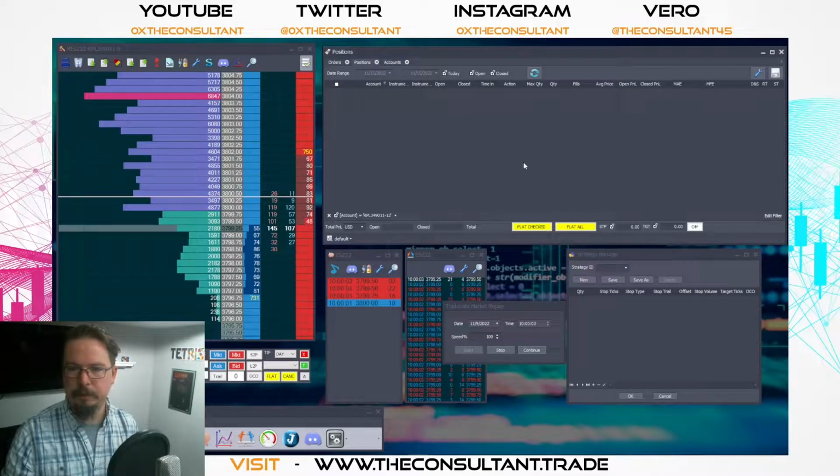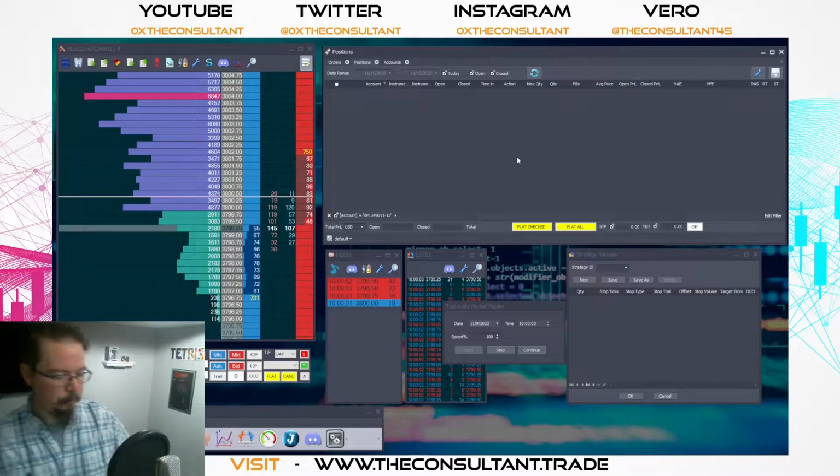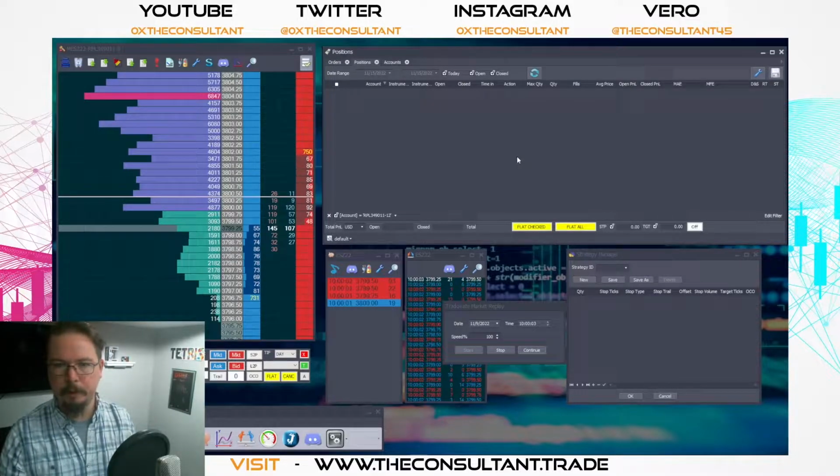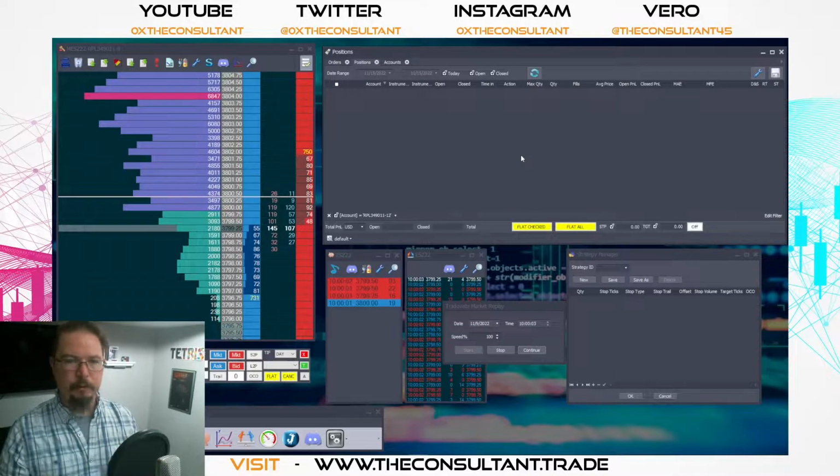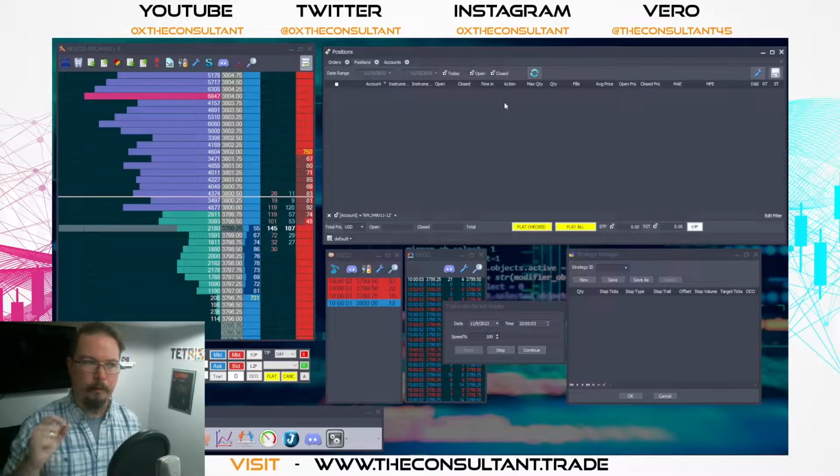Lastly, up here is the positions. I don't typically leave this open when I trade. However, it's beneficial for when you practice, mainly because I can keep track of my entries.